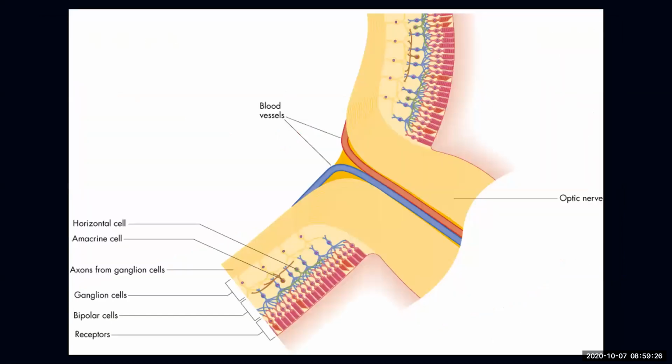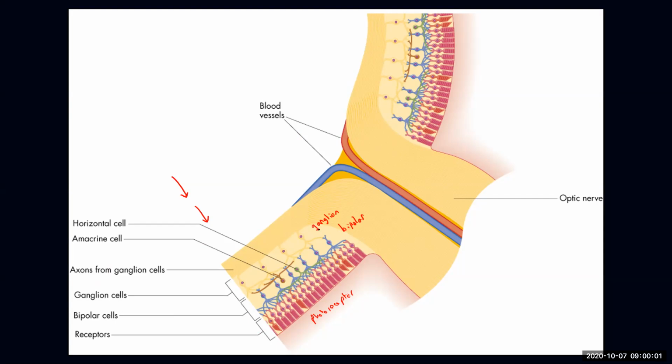All right, here's a close-up. So remember, light's coming this way. Here we have the photoreceptors. These are going to be connected to cells called bipolar cells. And these will be connected to cells called ganglion cells. They're strictly speaking called retinal ganglion cells.